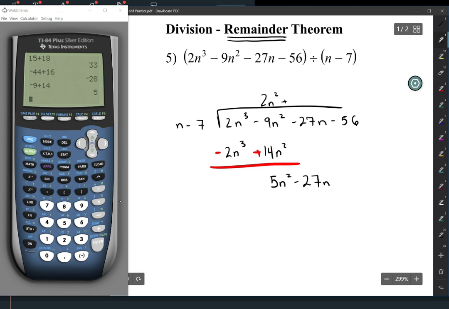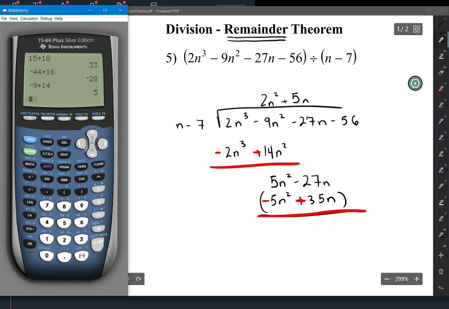That's okay. Now we need a 5. So 5n squared. And then minus 35n. Let's see what happens. I change the signs. Negative 27 plus 35 is 8.